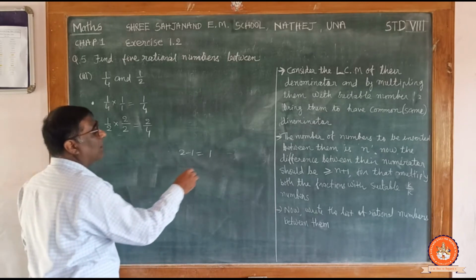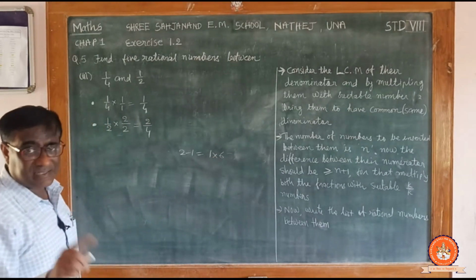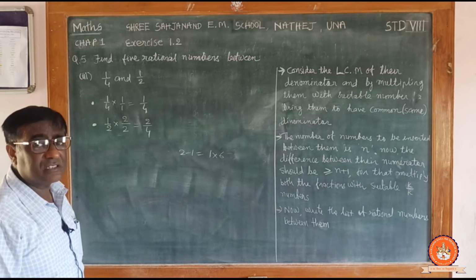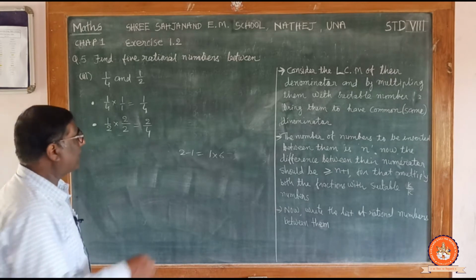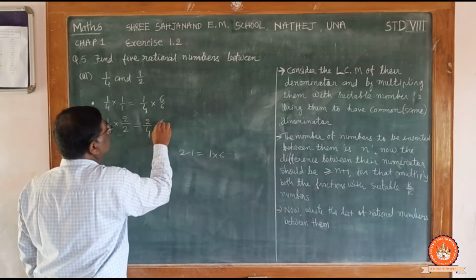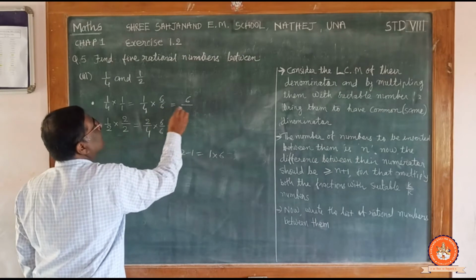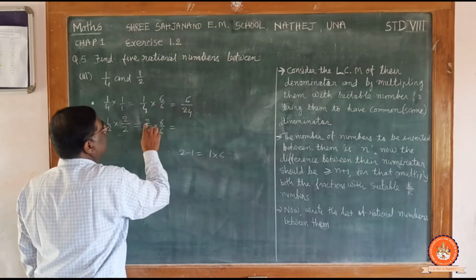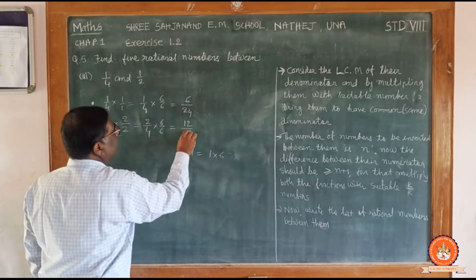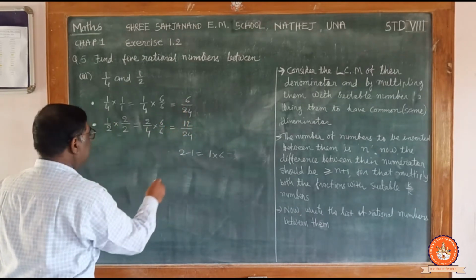So 1 is to be multiplied by 6 to create a difference of 6 between their numerators. So we have to multiply them by 6 upon 6. So 6 ones are 6 upon 4 sixes are 24. Here 2 sixes are 12 upon 4 sixes are 24. Now you can see that the difference between their numerators is 6.